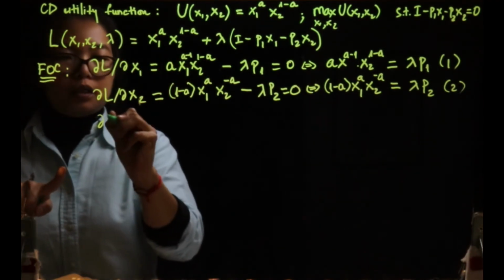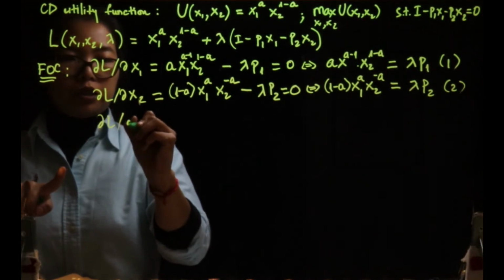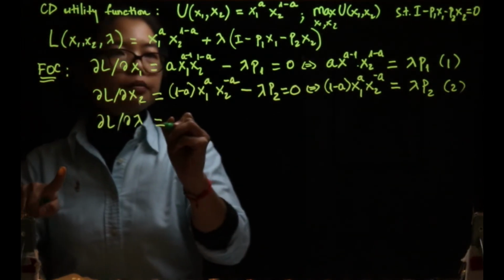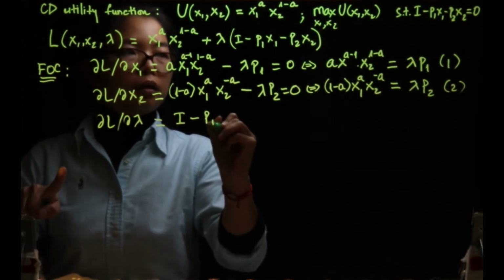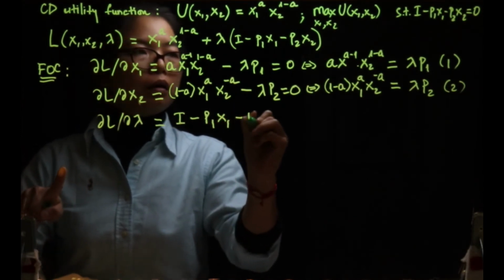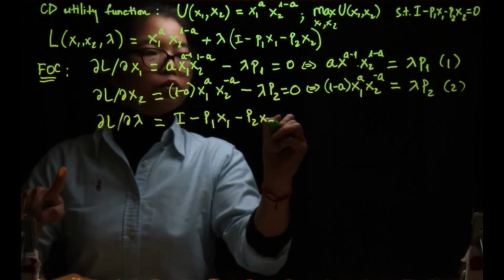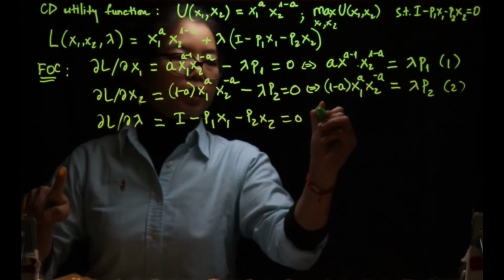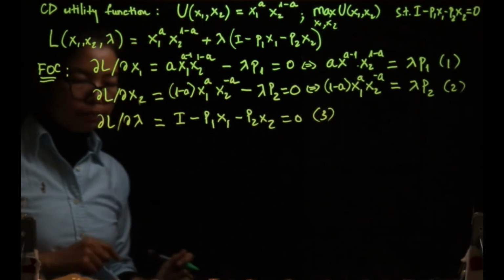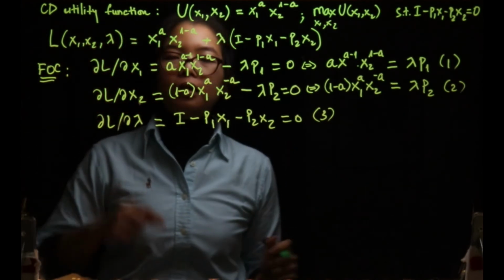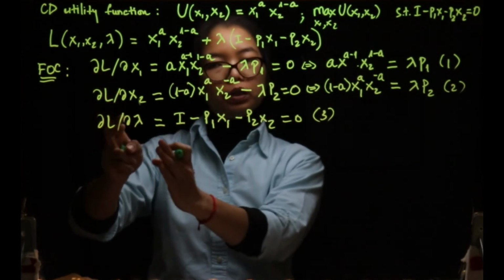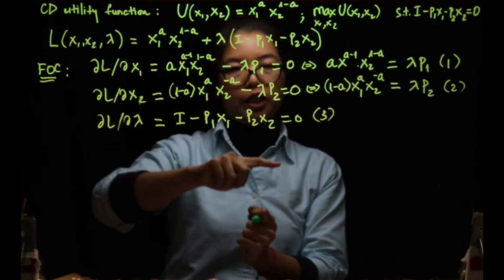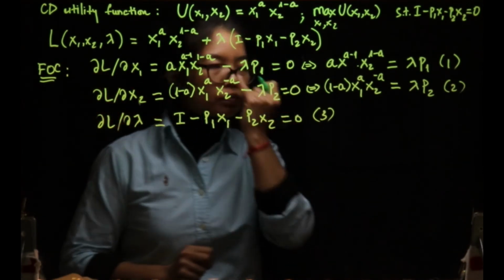The last one is the partial derivative of L with respect to lambda, which is again the budget constraint: I minus p1 x1 minus p2 x2 equals 0. And this is the third one. How do we solve that? We have 3 variables and 3 equations, so it should be solvable.